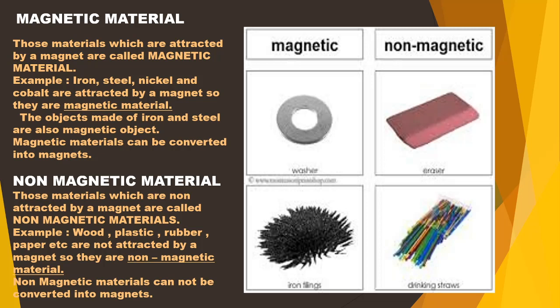Plastic, rubber, paper, etc. These are not attracted by a magnet, so they are called non-magnetic materials. And these definitely cannot be converted into a magnet, as magnetic materials can be.